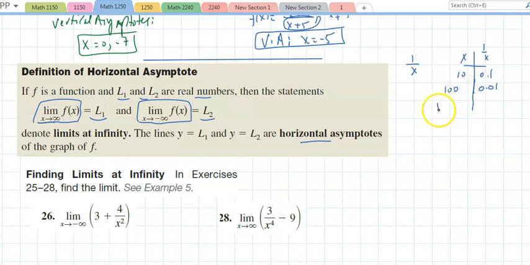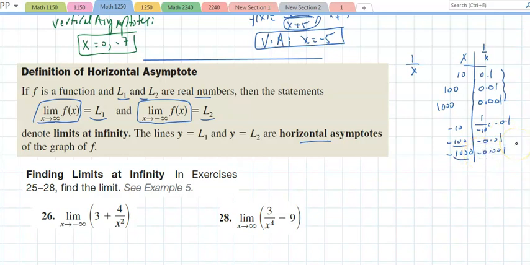If x equals 1,000, do we see that you're reaching 0? What if I picked negative 10 and negative 100 and negative 1,000? 1 over negative 10 is negative 0.1. 1 over negative 100 is negative 0.01. And 1 divided by negative 1,000 is negative 0.001.